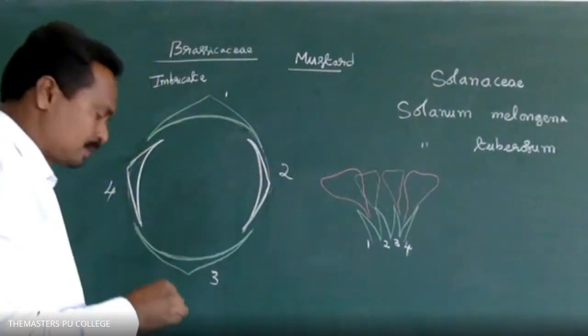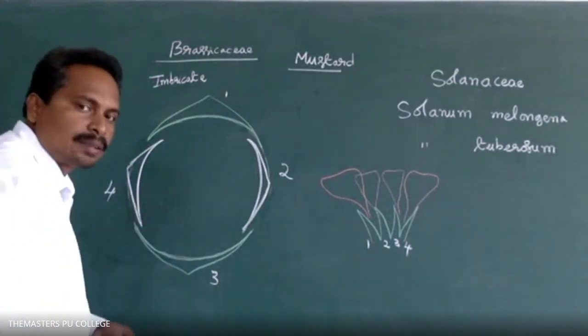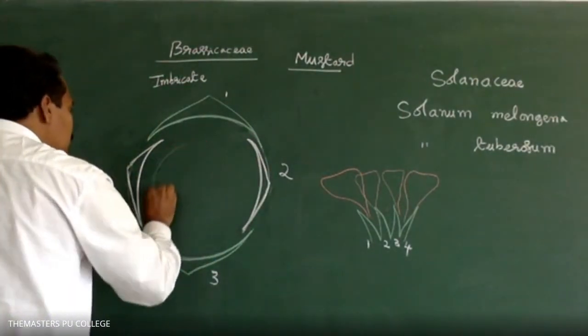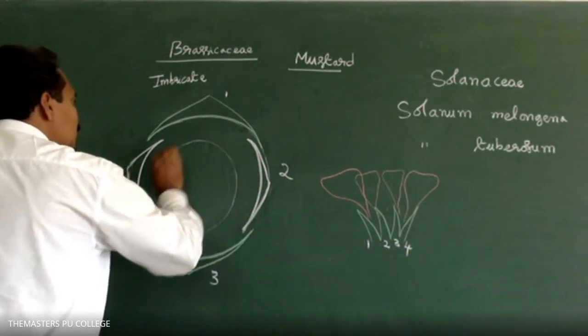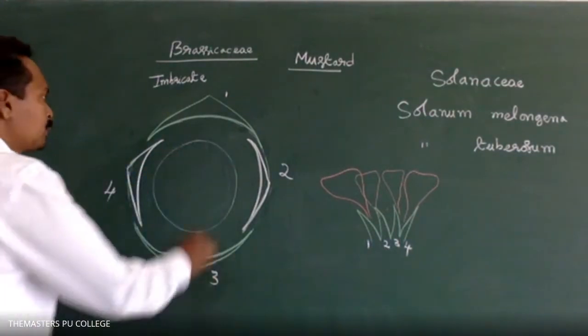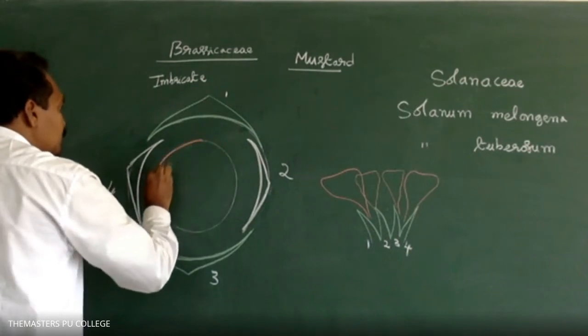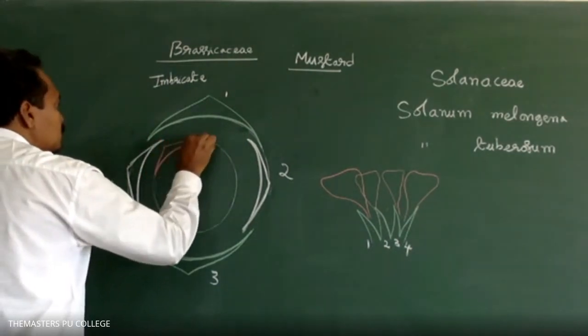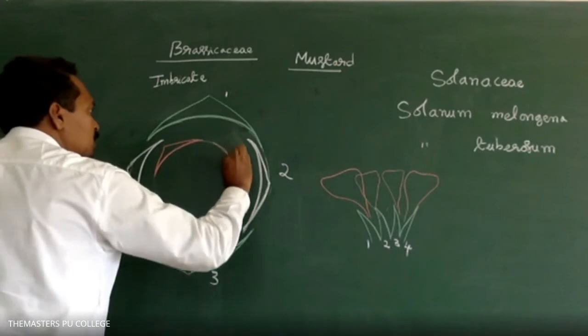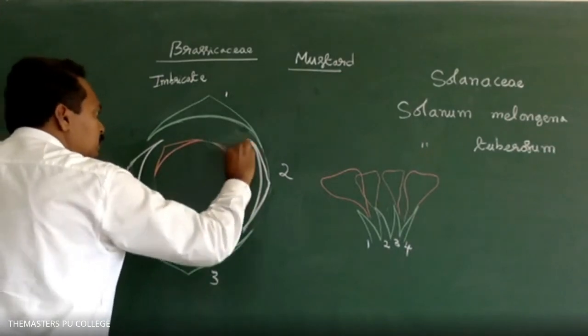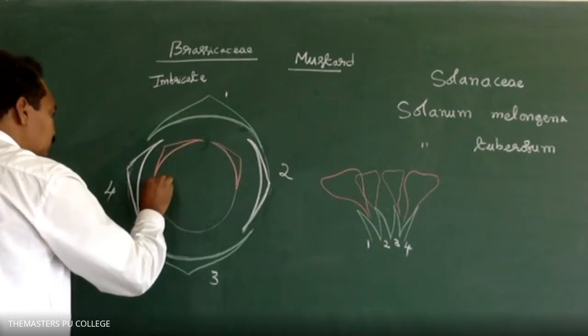In the floral diagram, this row is petals. How many petals are present? 4. Right.